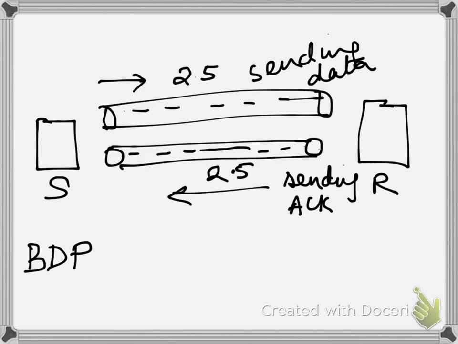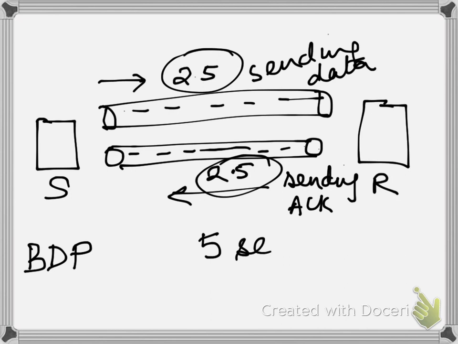We would like to utilize this link to the maximum, so we would like to send as much as we can. So when we say that at a time 5 segments can be outstanding, it means that the sender pipe can have 2.5 segments and the receiver side pipe can have 2.5 acknowledgements at the same time. So based on the BDP we got that 5 segments can be outstanding.